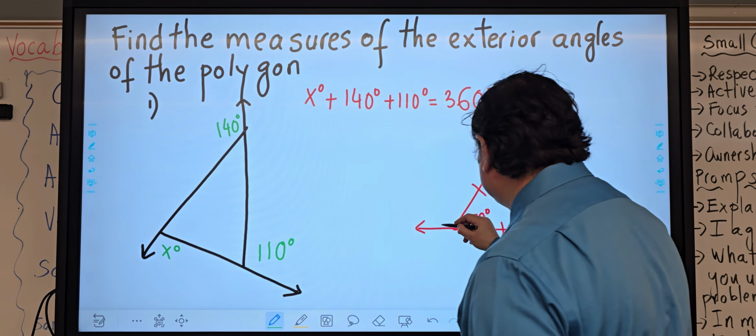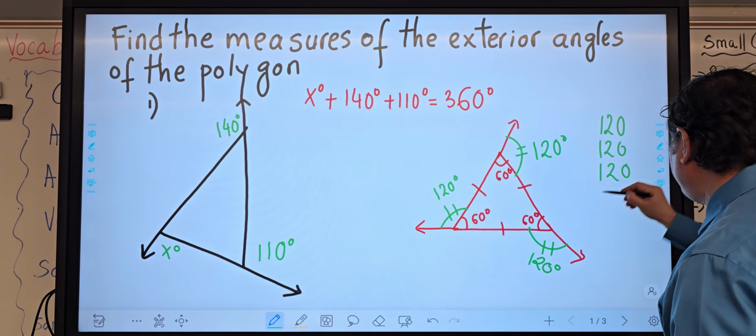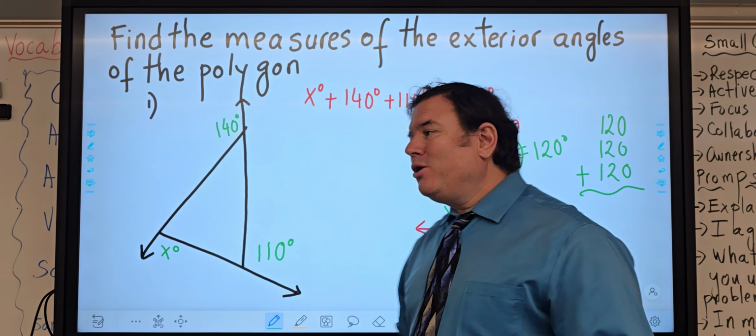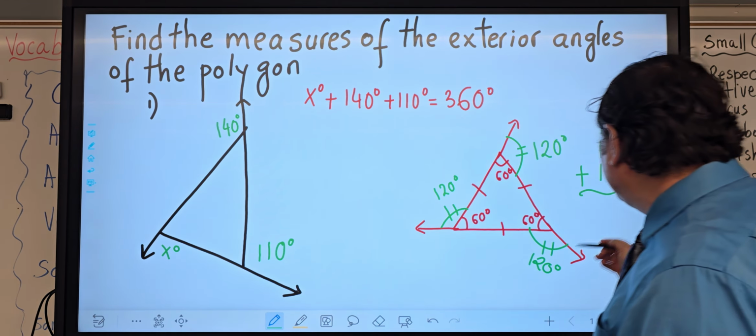If we add 120 plus 120 plus 120, we get 360 degrees.